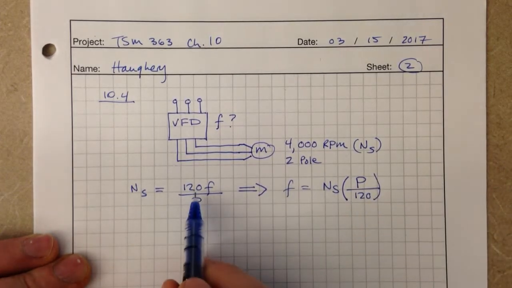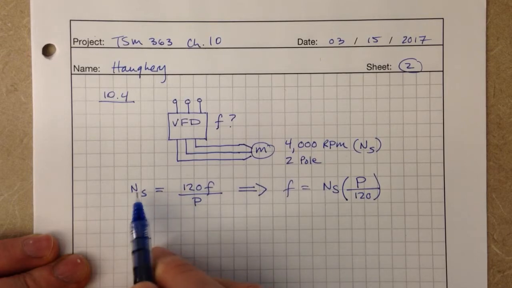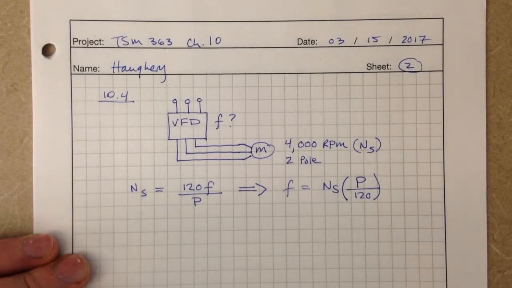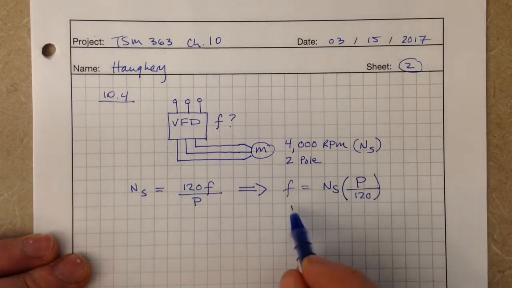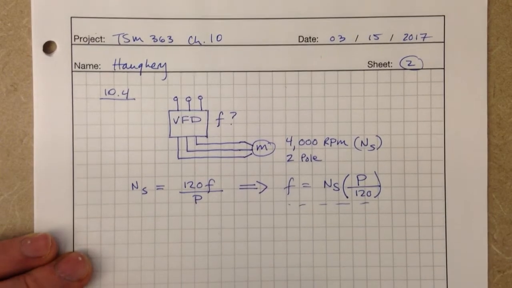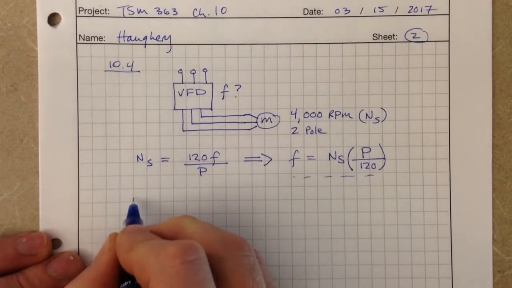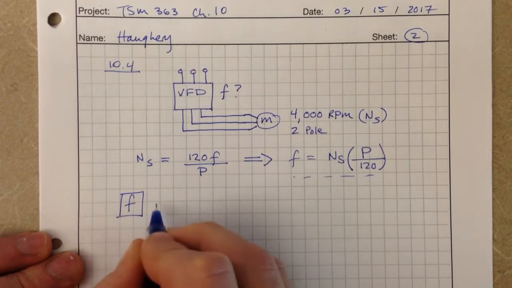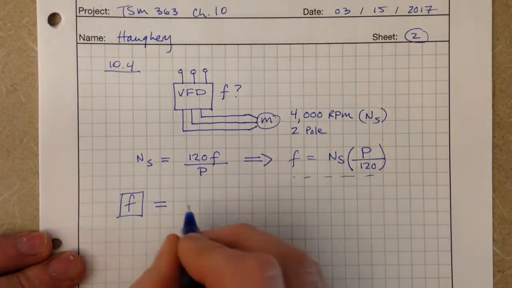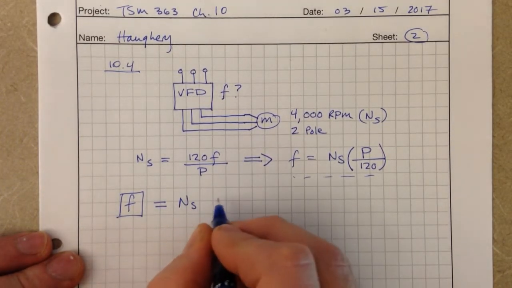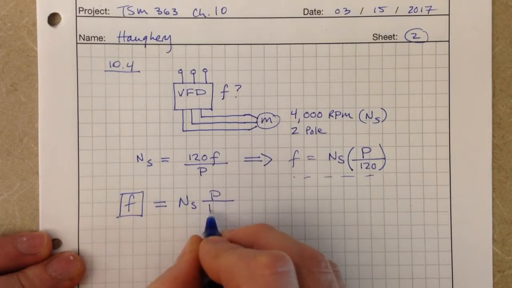So if I move the 120 and the poles to the other side, I have to invert it. Okay, so this is the equation we're going to use. So we'll find our frequency that we need to run our motors at a specific synchronous speed.